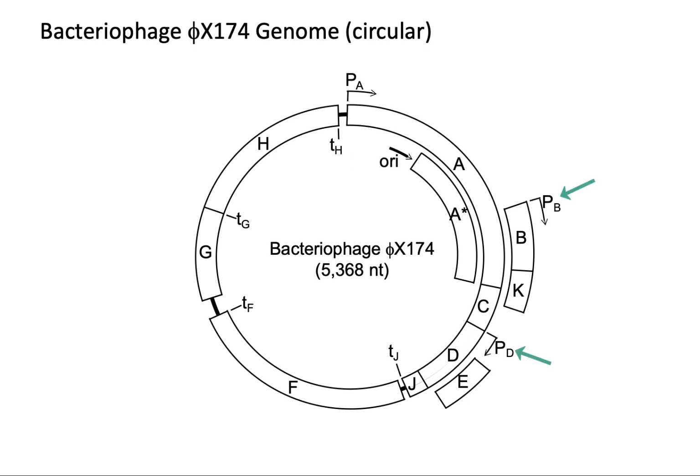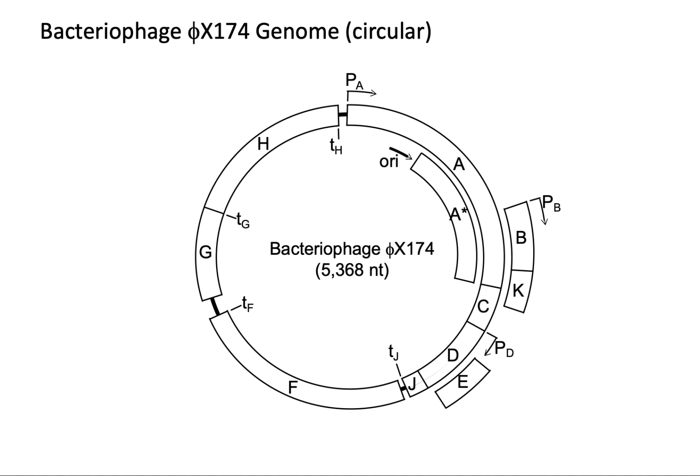The other two promoters then lead to transcription of RNAs for genes B and K, and then another one for the D and E RNAs and proteins.